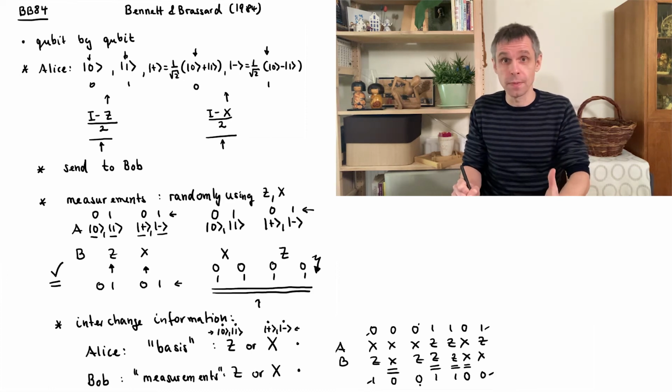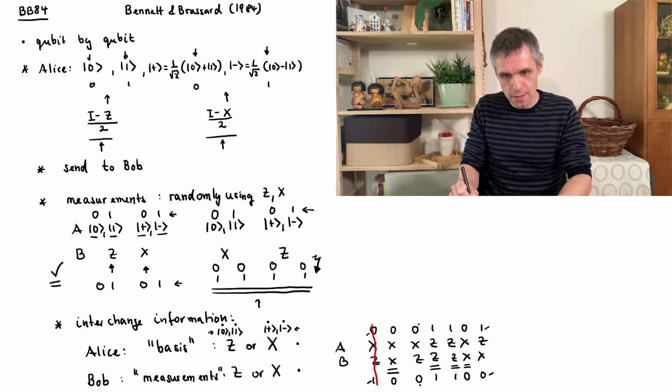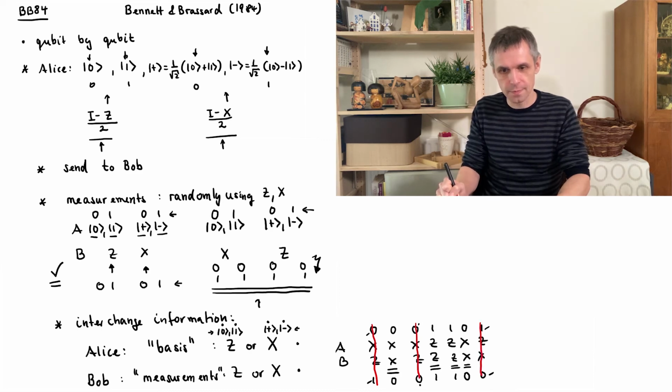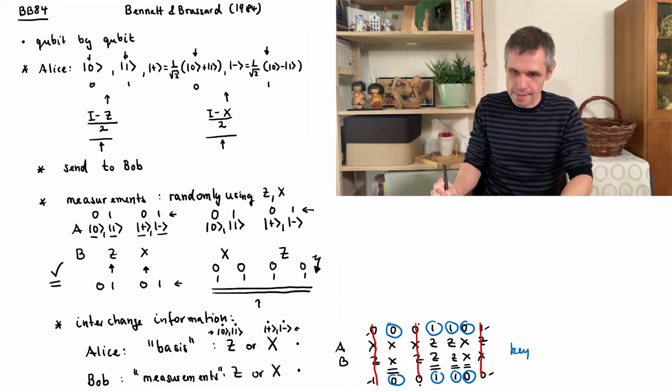So in all of these remaining cases, Alice and Bob simply cannot be sure. And what they therefore should do is simply discard these instances here. And what remains is simply their shared key. So in this example, the key would just be this sequence of bits here.